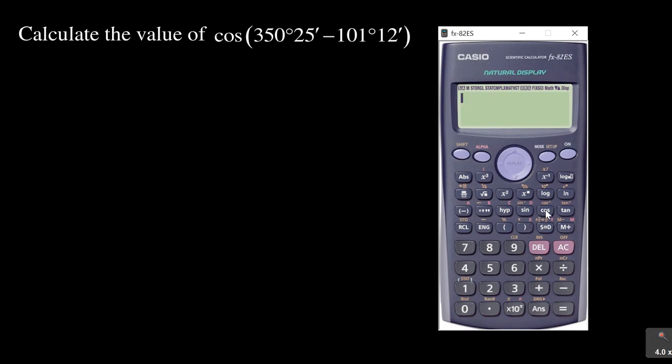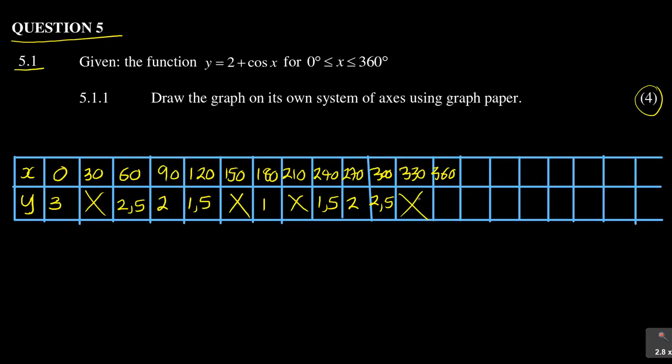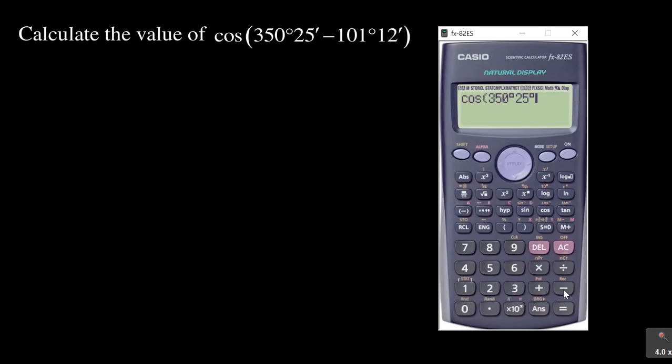So you say cos 350. So in this particular pattern, you see there is degrees there and 25. Now you press that, it's now minutes, minus 101, which is degrees, and 12. The next time you enter it, it becomes minutes.